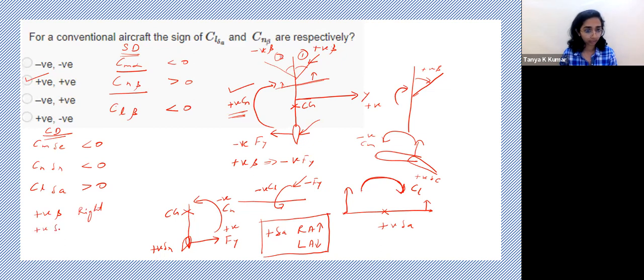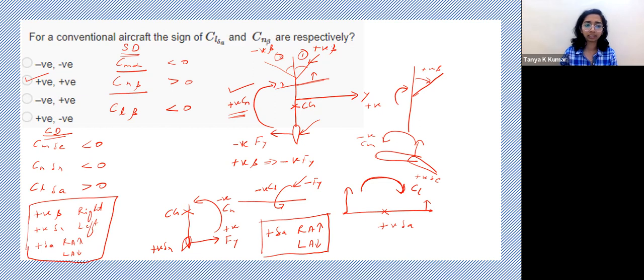Positive rudder deflection is left. Positive delta A is right aileron up, left aileron down, which creates a positive rolling moment. If you remember these three things, you will be able to find out the derivatives.